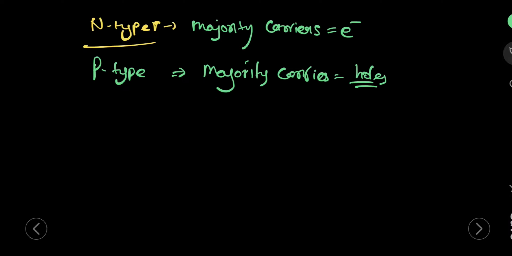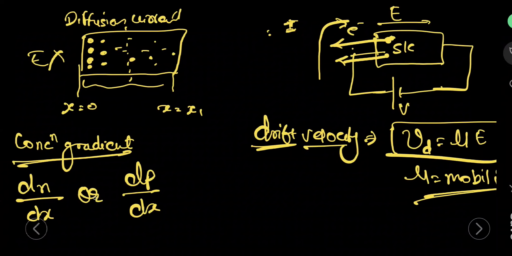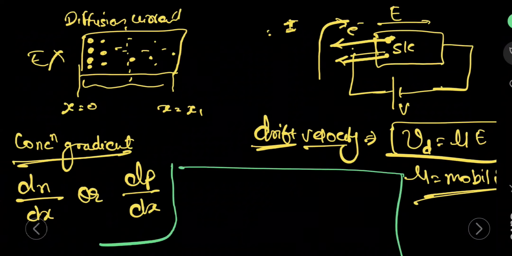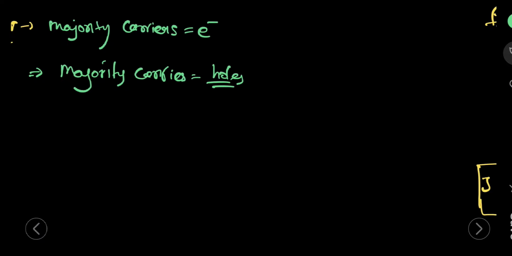Now one more topic is there here, in which we will talk about this formula first. What is dn by dx, what is dp by dx? Here the current charge density is proportional to dn by dx. And Jn is equal to q into Dn into dn by dx.